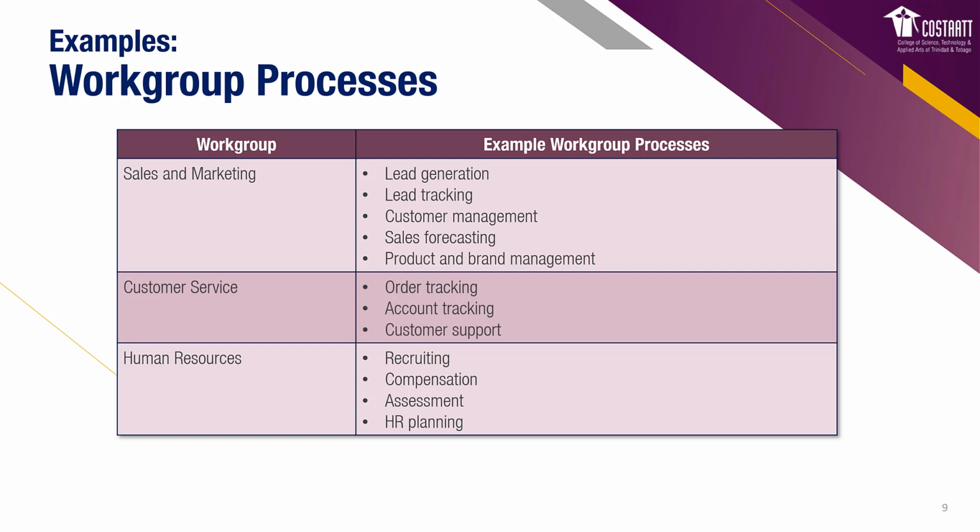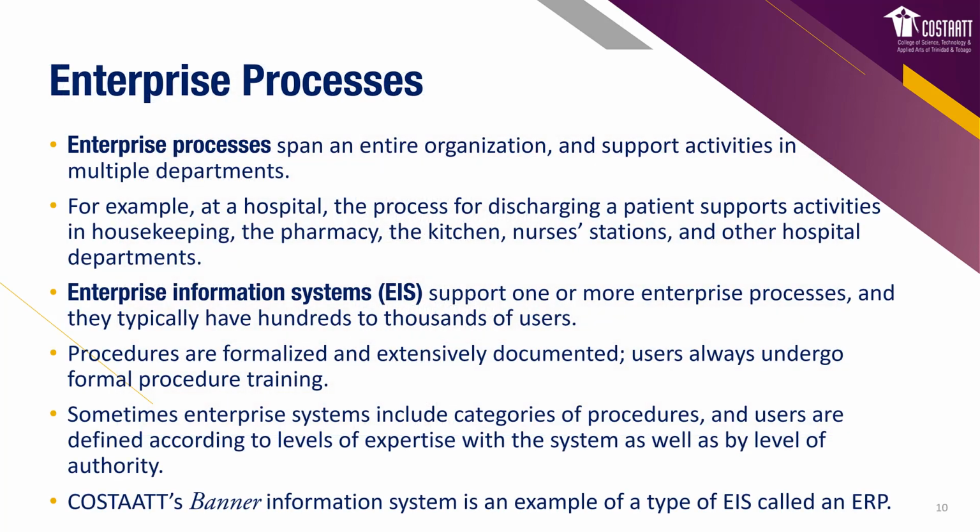There's a process involved in all of these things. We have customer service and we have human resources, right? You can go through these. Now, beyond the work group level or departmental level processes, we have enterprise-wide processes.